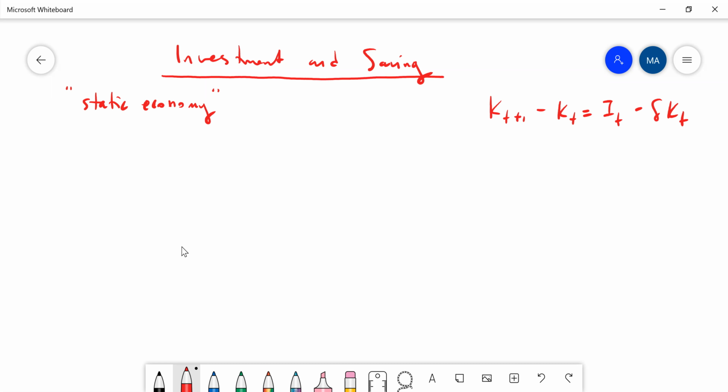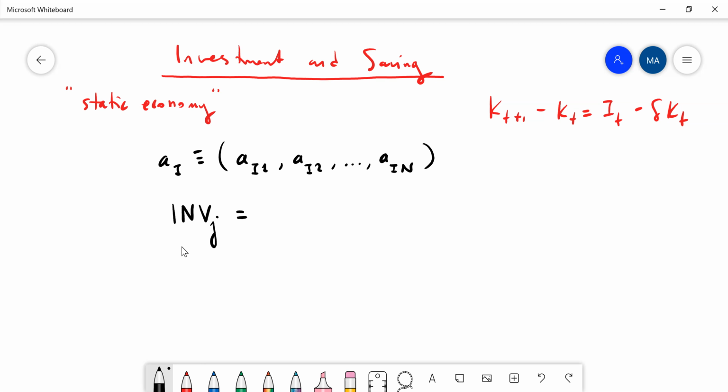So we're gonna assume that there will be an investment good, okay, and that investment good is gonna be produced by all other goods in the economy. Okay, so these are again technical coefficients, and we're gonna have something like this.